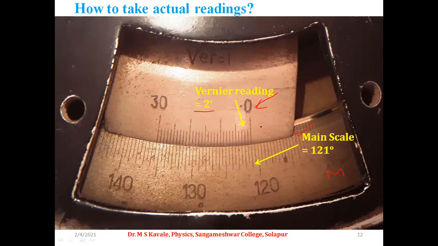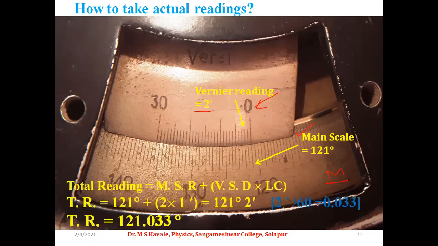Count the divisions on the Vernier scale in terms of minutes and pronounce the reading on the main scale in terms of degrees. Now, as usual, the formula: total reading is equal to MSR plus VSD into LC. Therefore, the total reading, that is MSR 121 degree plus 2 into 1 minute, is 121 degree 2 minutes, which is the actual reading.